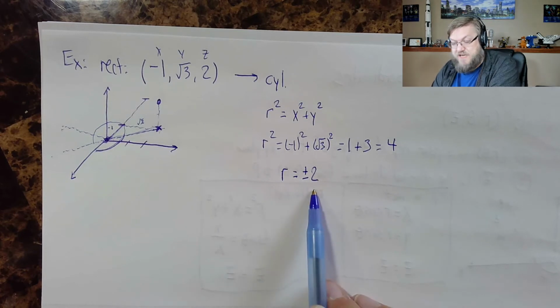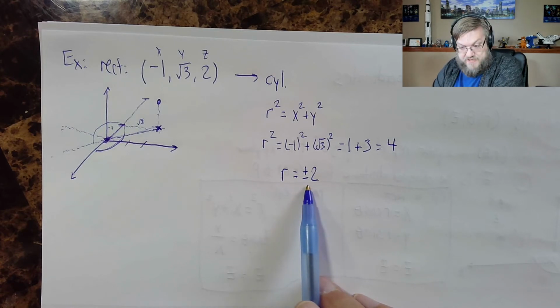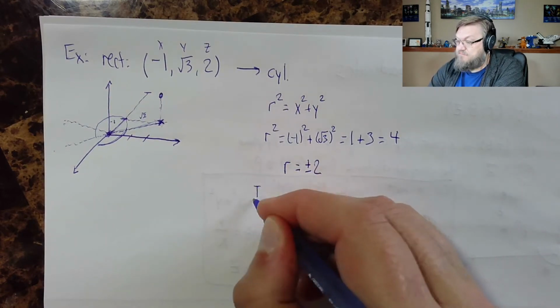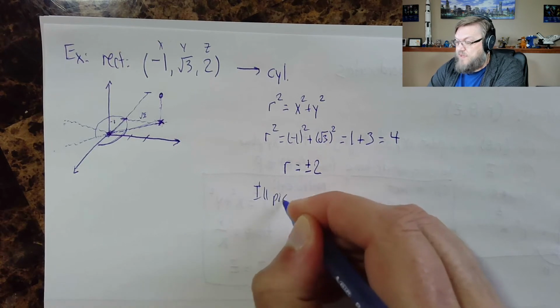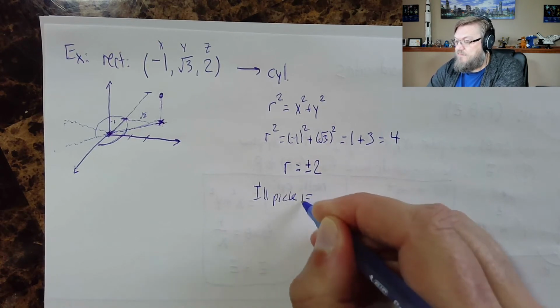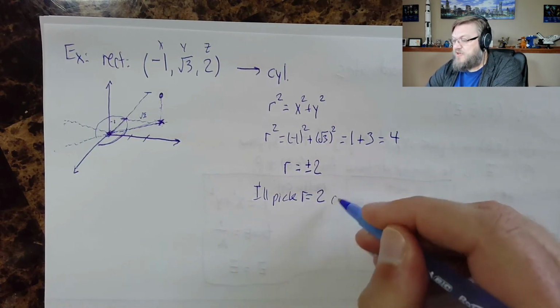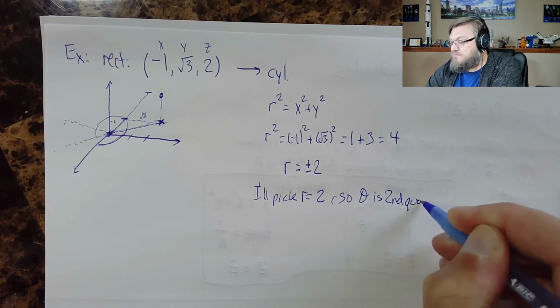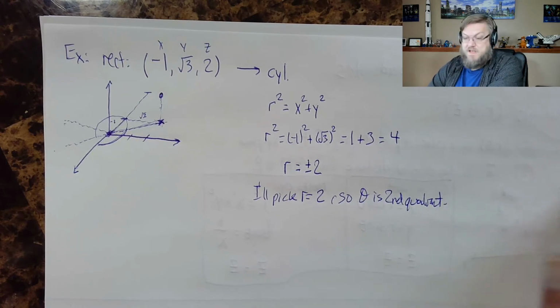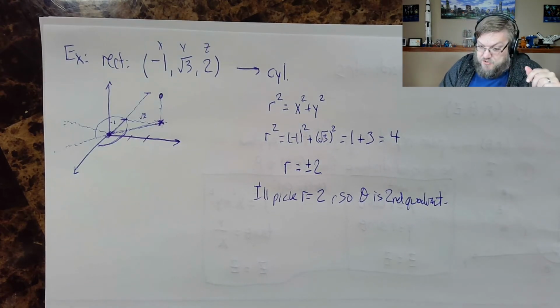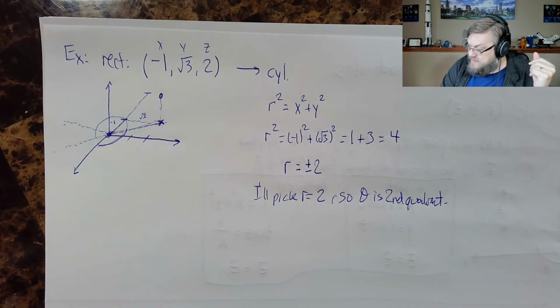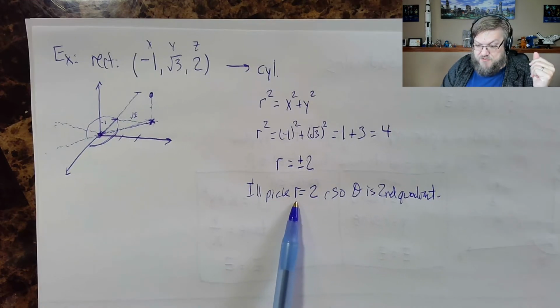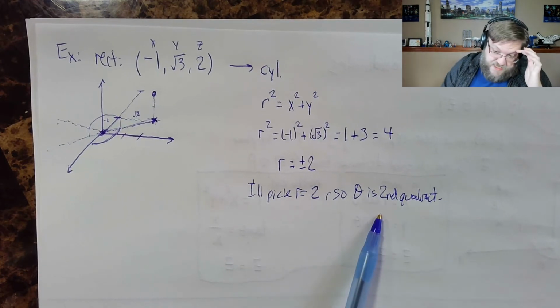If I pick r to be negative, theta needs to be in the fourth quadrant. Let's deal with that now. I'll pick r equaling positive 2, so theta is in the second quadrant. I'll go back and do the other choice and show you what that answer would look like at the end. So I'm picking r equals 2, and theta is in the second quadrant.